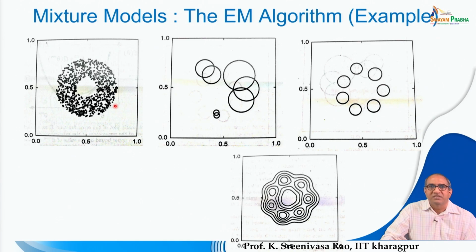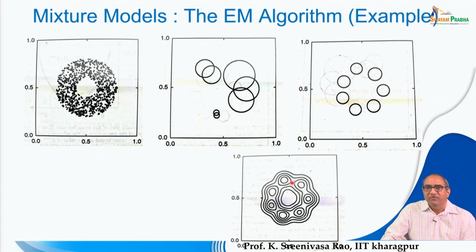Since the data is uniformly distributed, at the end of the 20th iteration we have 7 Gaussians placed uniformly in a circular region, and all the Gaussians have almost the same, equal spread. That indicates that the parameters we have achieved after the 20th iteration mostly resemble the true density of the data.